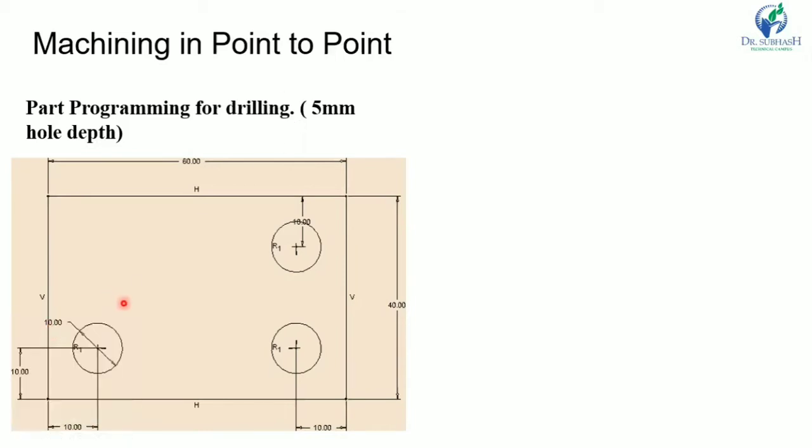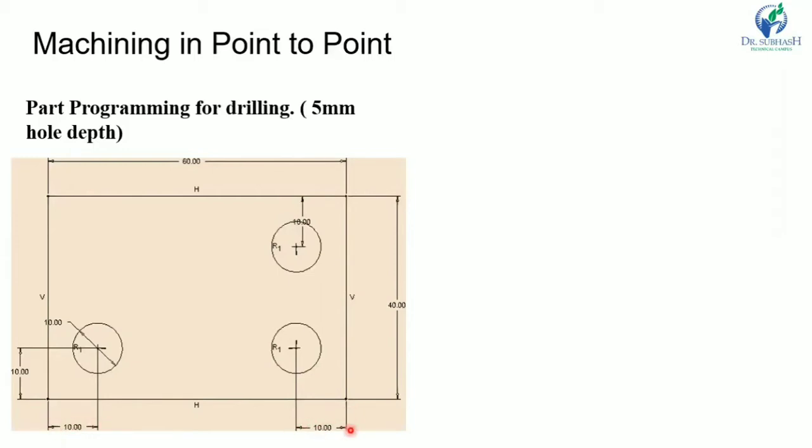Here 3 holes are there, and the diameter of all the 3 holes is 10 millimeter. The total length is 40 mm, and this is 60 mm. This distance is 10 mm, and this distance is 10 mm.